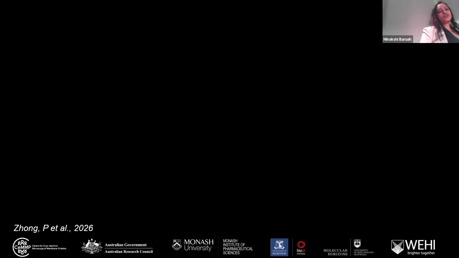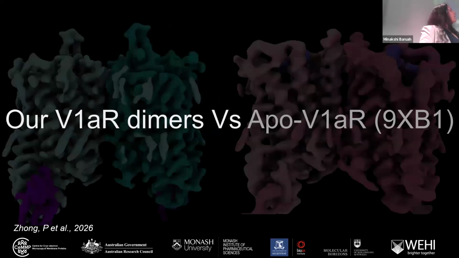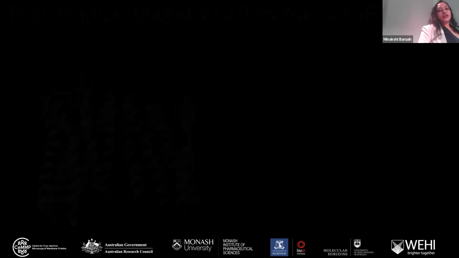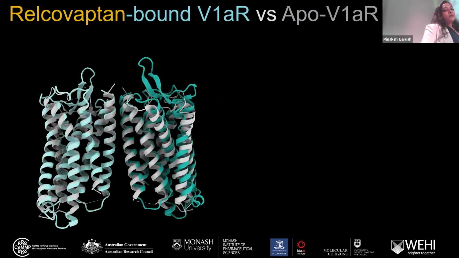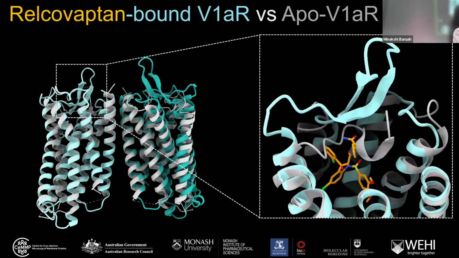Therefore, here I am showing the comparison of our dimers with their APO structure. For velcovaptan, here I'm showing the superimposed structures of the velcovaptan bound dimer and their APO structure. And the most striking difference observed is in ECL2 conformation.